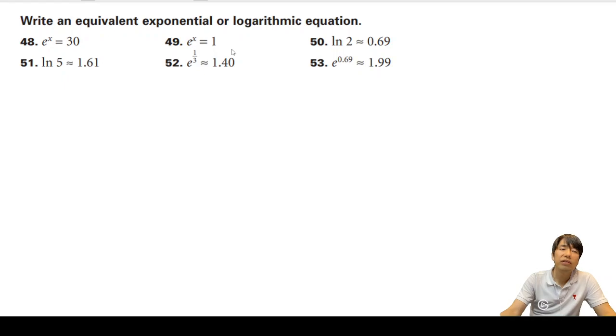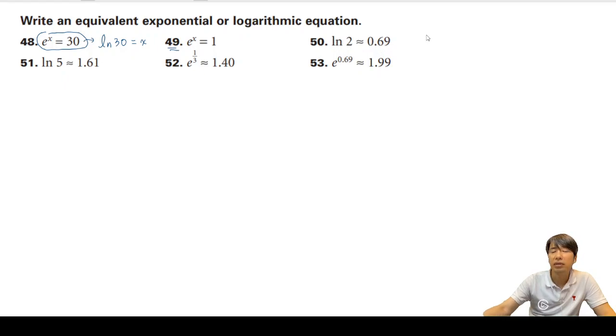Write an equivalent exponential or logarithmic equation. This is exponential form. Let's convert it to logarithmic form. The base is e, so you have to use ln. ln 30 is equal to x. So that's e to the power of x is 30. You can do 49 yourself.